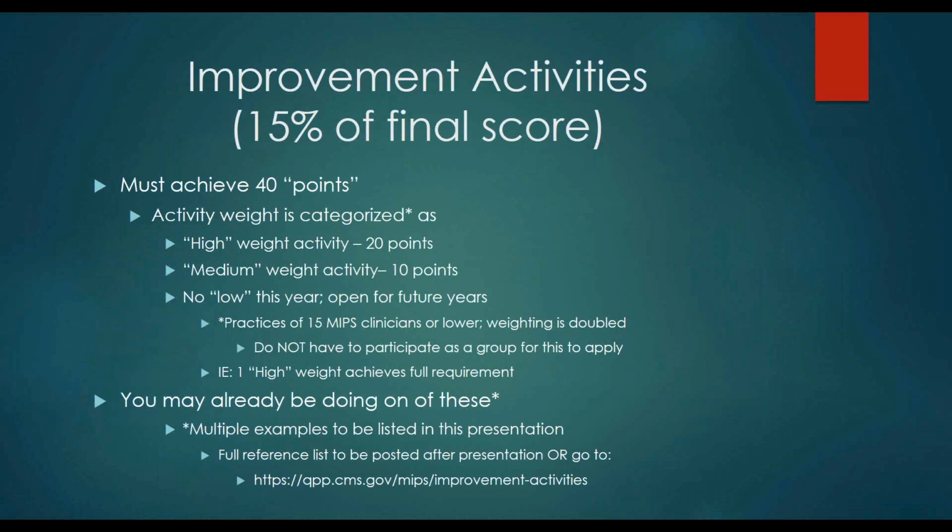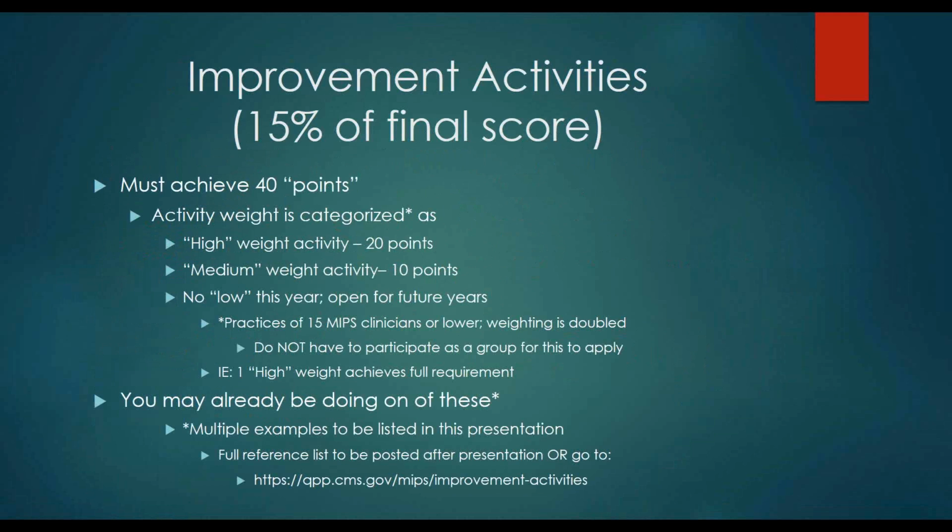Now, there's an important designation there because you don't have to report as a group for this reweighting to apply. It's based on the size of your practice. So even if you're reporting individually and you're a practice of 7 providers, all 7 of those providers are going to get the double weighting, basically. So it's a little strange because of group reporting and then small groups, but I just wanted to point that out. You don't have to report as a group to get this reweighting.